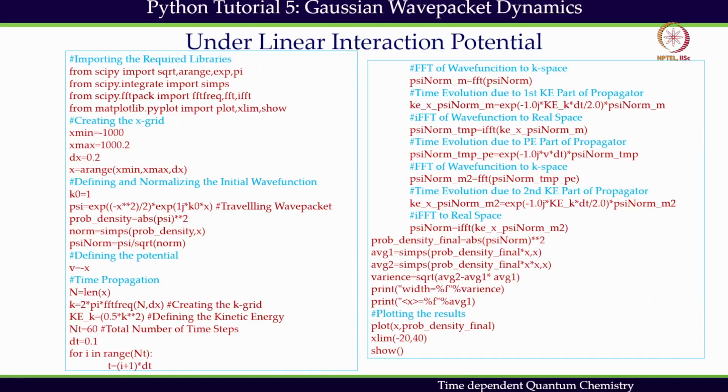So now the next problem we will deal with is the linear interaction potential. What will happen to the particle? What is a linear interaction potential? It's a simple interaction potential you can think about. In x space, you have V(x) like this. We have created this slope this way, starting from here, and it should move.